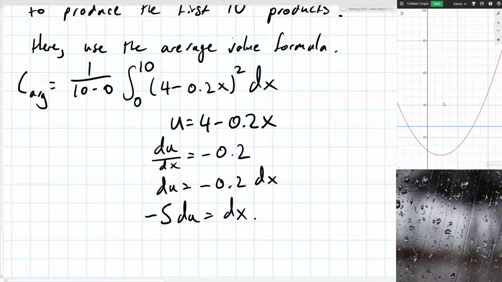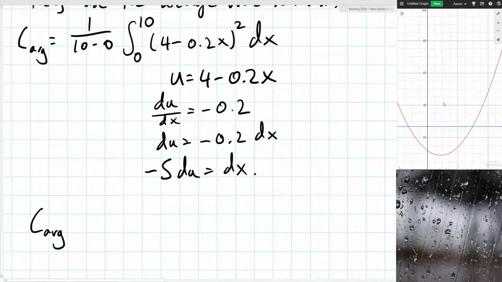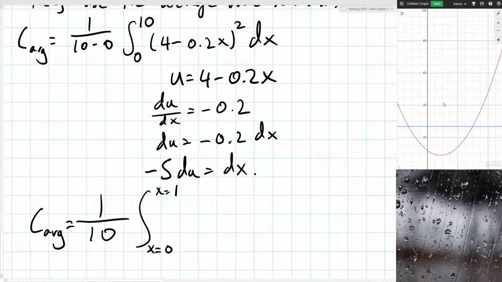So our average cost integral is equal to 1 over 10 times the integral from x equals 0 to x equals 10. Because I'm changing the variable of integration, I'm going to make sure that I remind myself that my bounds are x bounds, not y bounds, not u bounds.